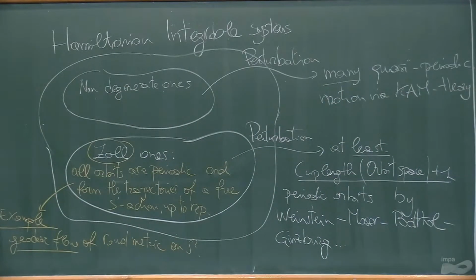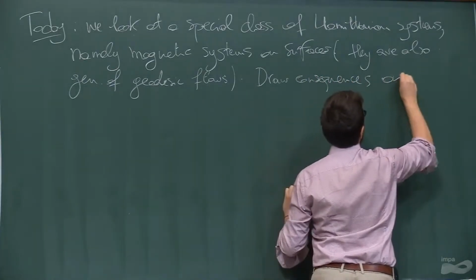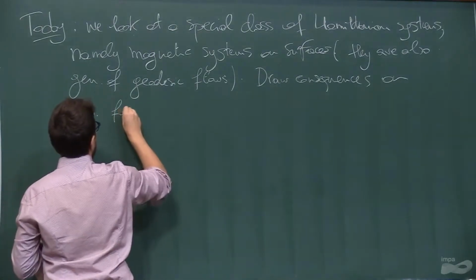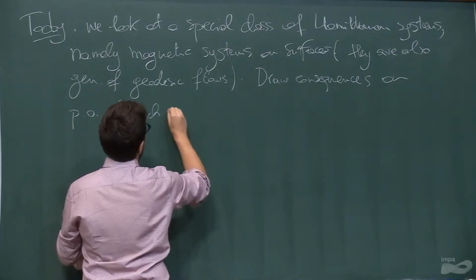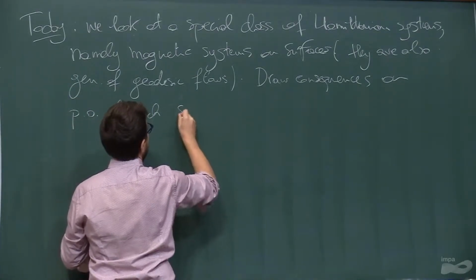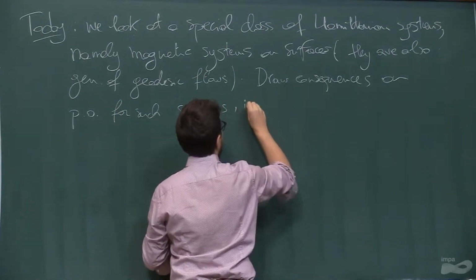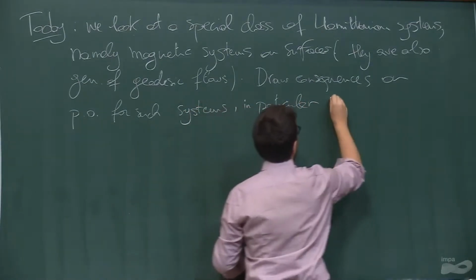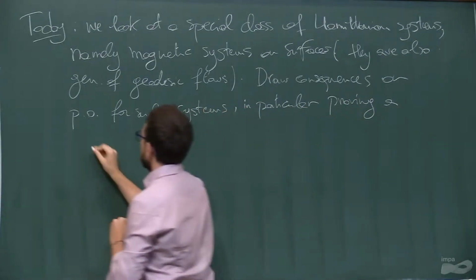And draw consequences on periodic orbits for such systems, in particular proving a local systolic inequality.